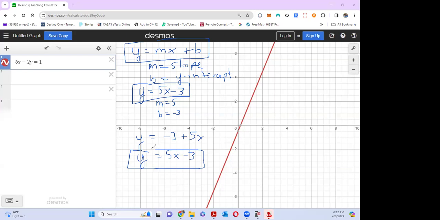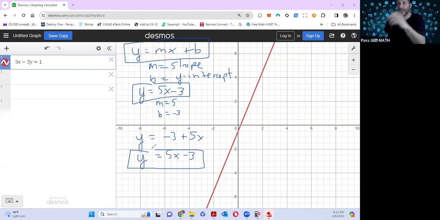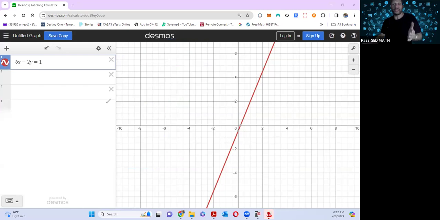Okay? So when you're looking at equations of a line, you should be able to identify, is it slope-intercept form or is it standard form first? So what you should recognize is this equation is in standard form. And standard form is ax plus by equals c.